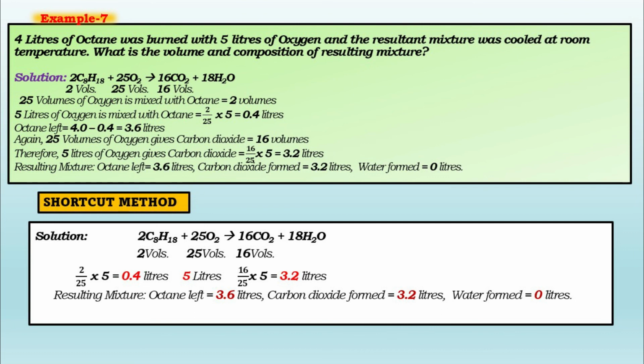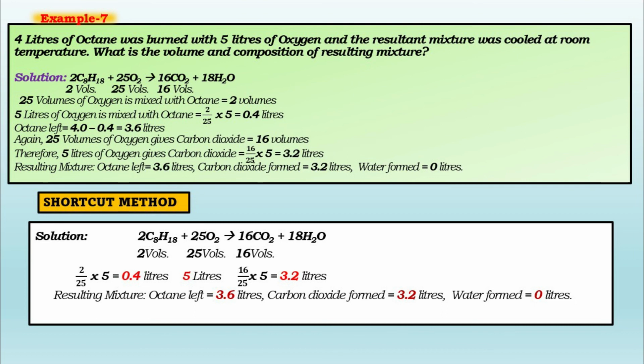Therefore, 5 liters of oxygen give carbon dioxide 16 divided by 25 multiplied by 5, that is equal to 3.2 liters. Resulting mixture: octane left is equal to 3.6 liters, carbon dioxide formed is equal to 3.2 liters, and water formed is equal to 0 liters.